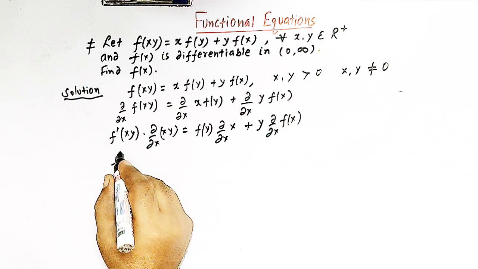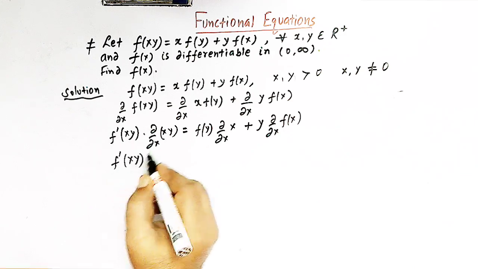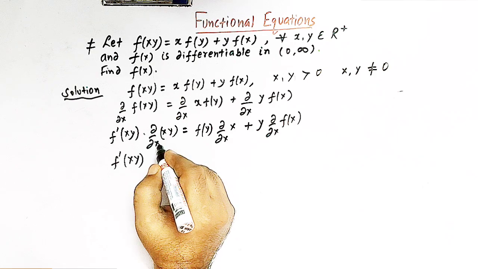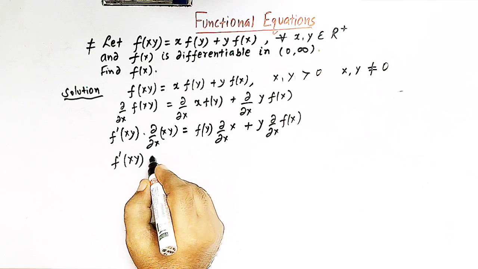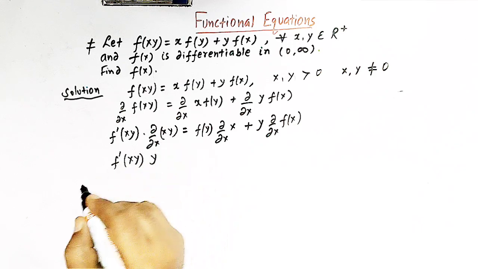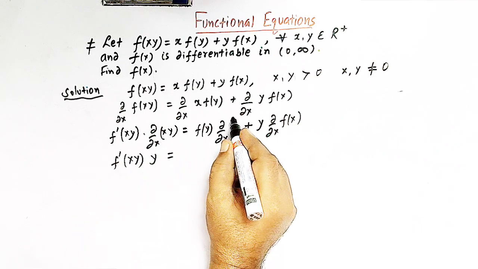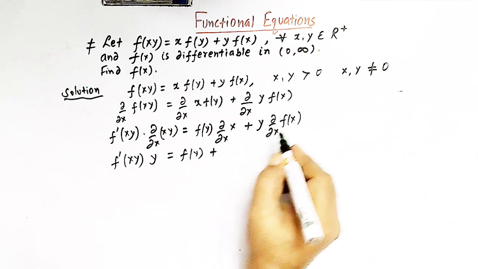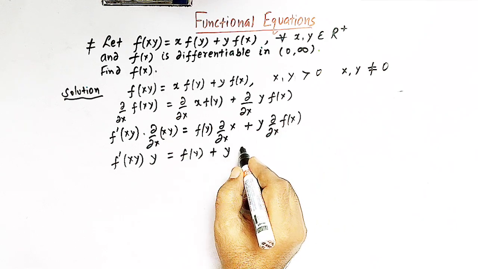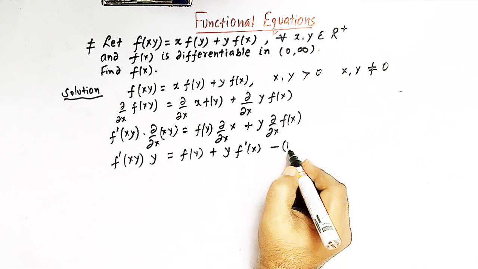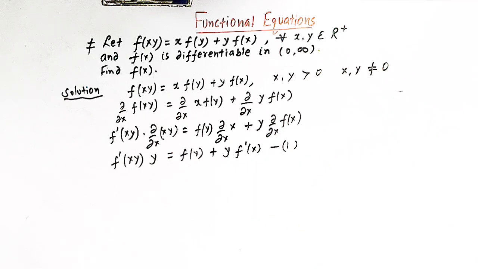So now we have f'(xy), and the derivative of this product xy with respect to x is simply y, because the derivative of x with respect to x is 1. So we have f(y) and here we have y times f'(x). So this is our equation number 1.